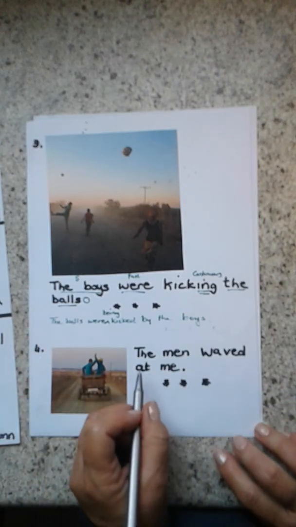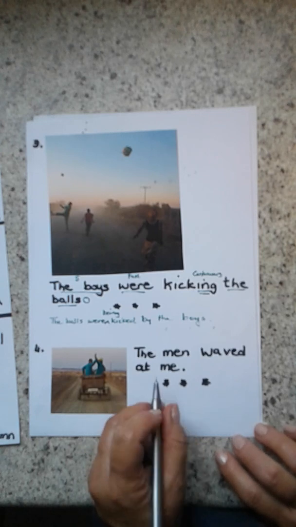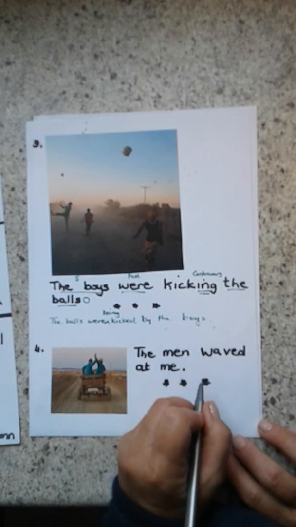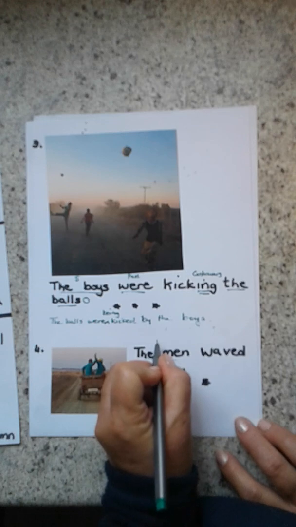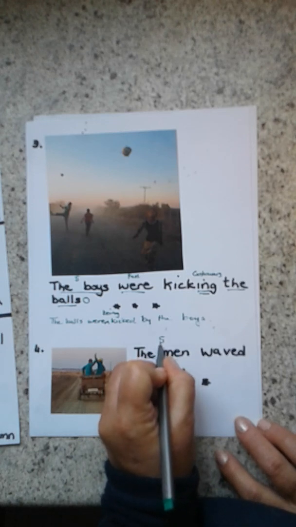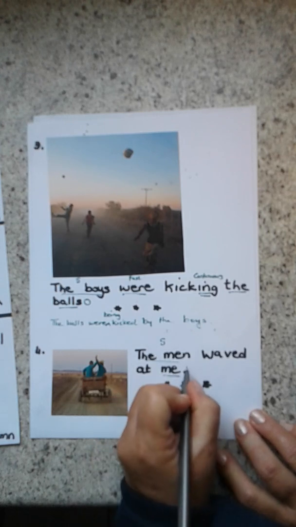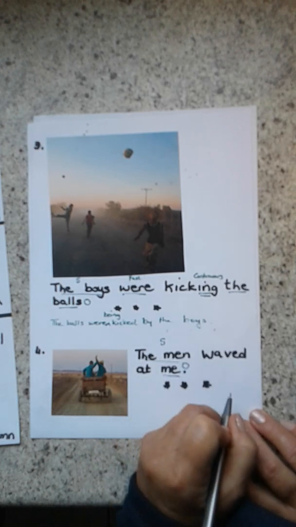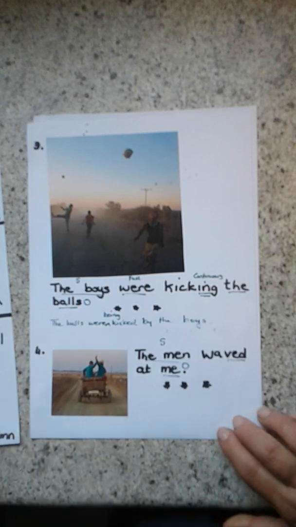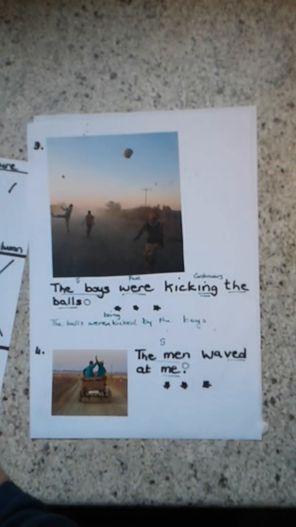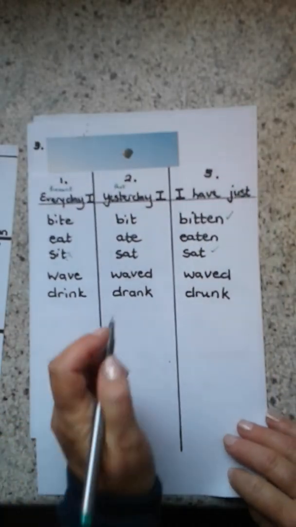Let's have a look at this one. The men waved at me. Now, when I go and look at it, who is doing it? The men. They are the subject or the doers. Who are they doing it to? To me. Okay, so I am the object. And they waved at me. Every day they wave. Okay. But yesterday they waved.